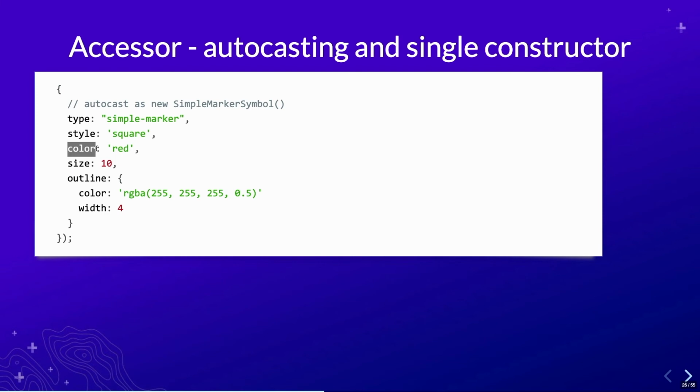The color is really neat because you can just say red, or provide a hex value, an RGB value, or RGBA value, and we'll convert those into colors as you would expect in the API. And the same goes down here for the outline, right? You can see those two are different ways I'm setting the color, but we're going to go ahead and autocast those as well. So autocast properties also have other autocast properties in them, which is kind of neat.